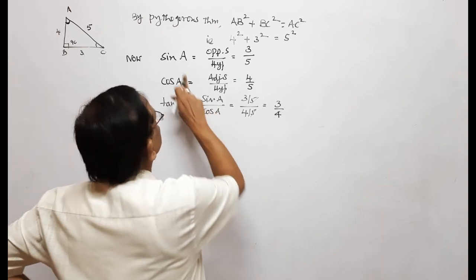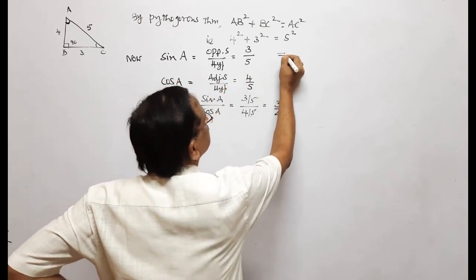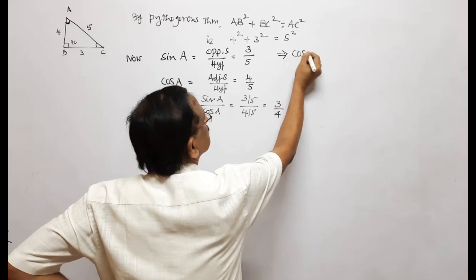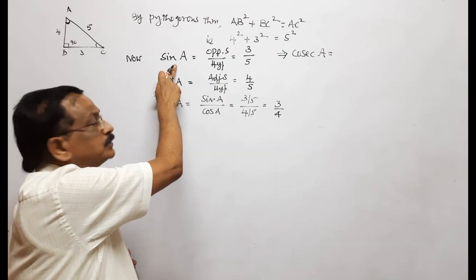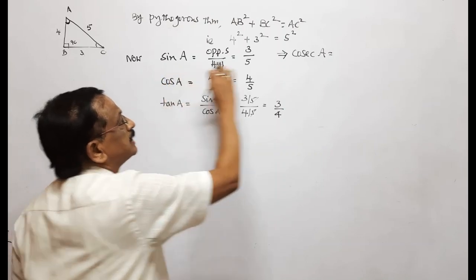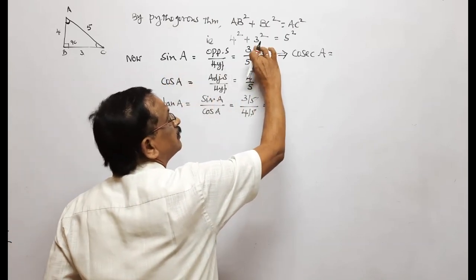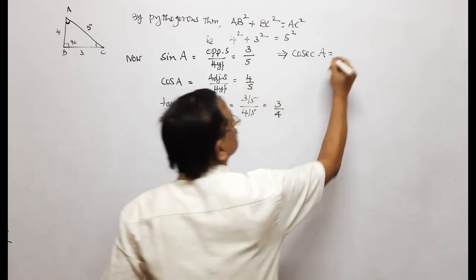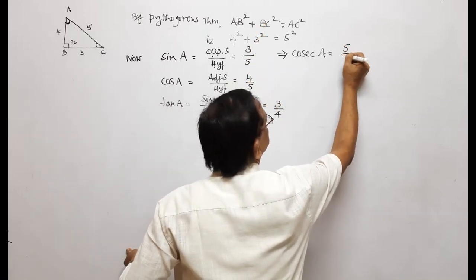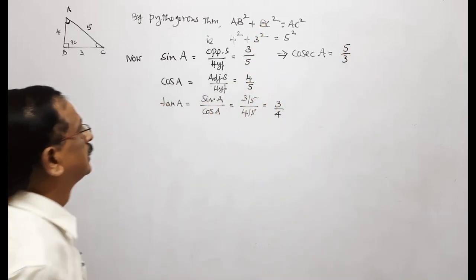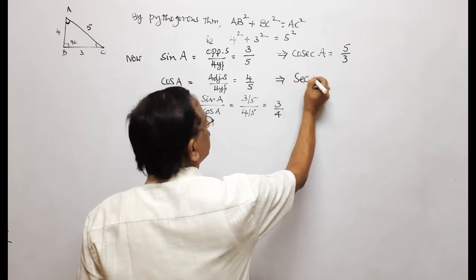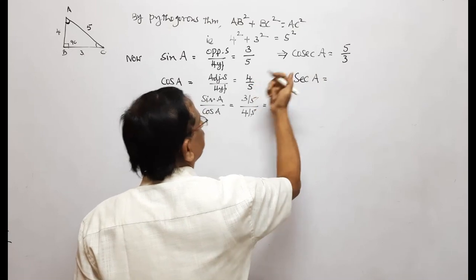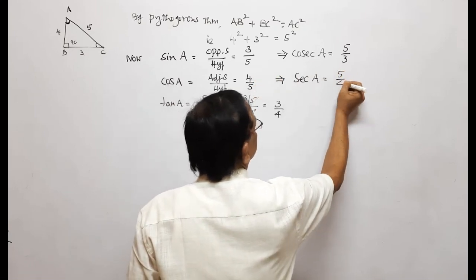Now, we know that cosecant A is a reciprocal of sin A. Sin A is 3 by 5, reciprocal means you have to reverse it, so it will be 5 by 3. And what about secant A? Secant A is 5 by 4.